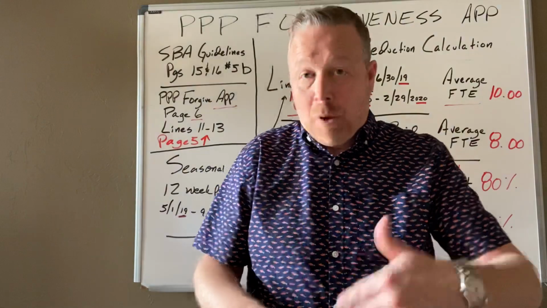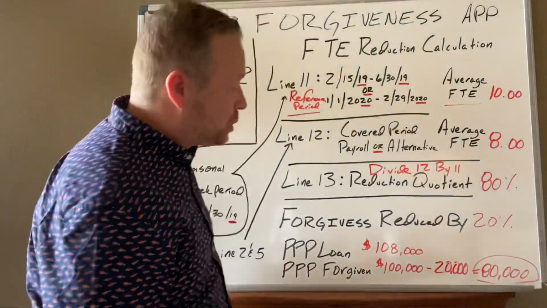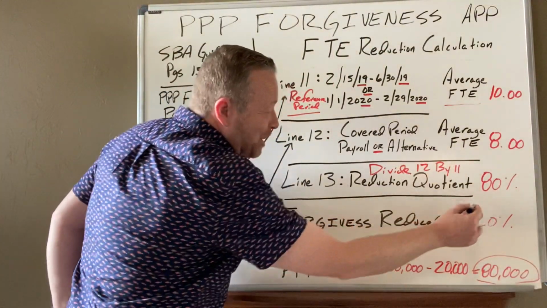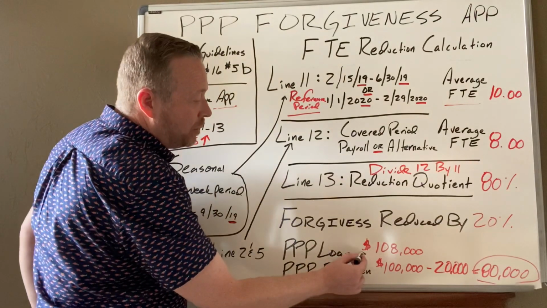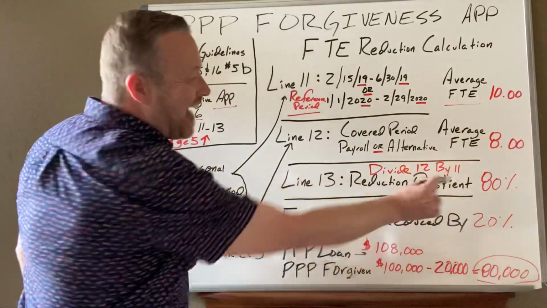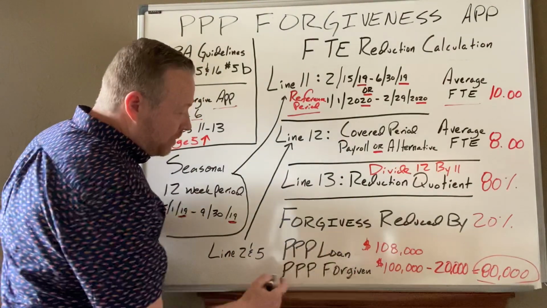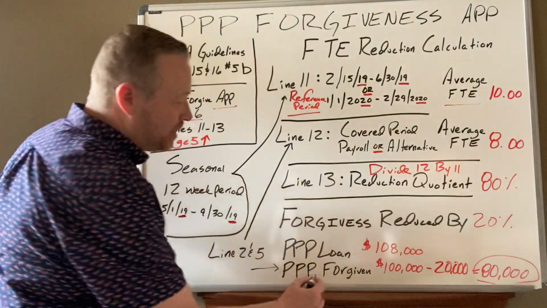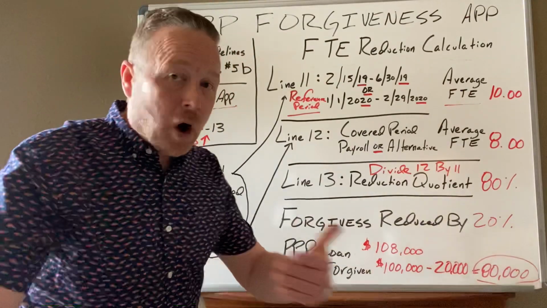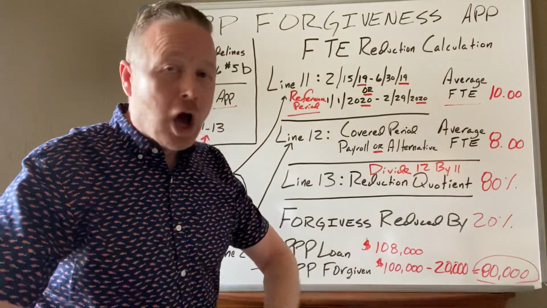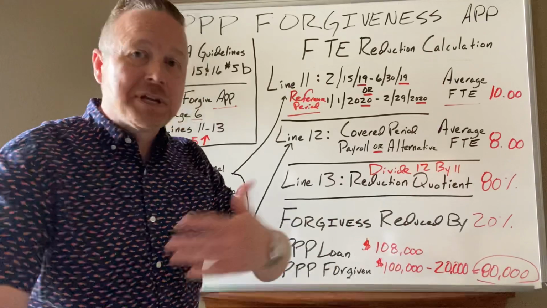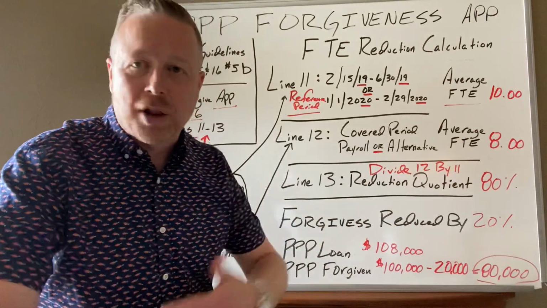Okay? This is why I went ahead and put a number in here. So if you'll note, it's not 80% times the loan. It's not that. The loan's the loan. This PPP forgiveness is what you already spent. Everything's good to go. Payroll costs, did 75%, less than 25% on non-payroll costs.